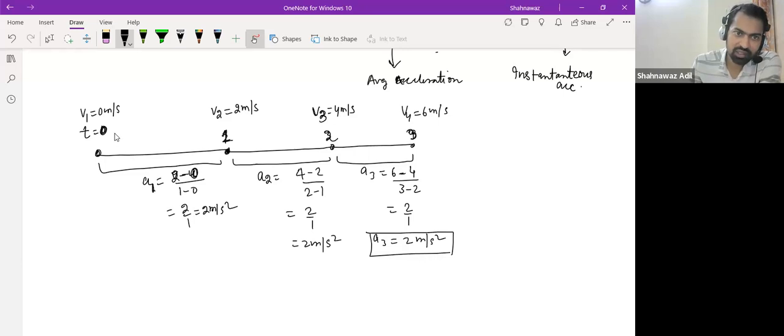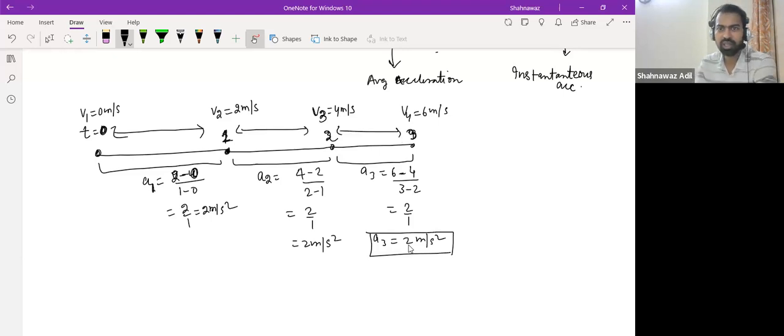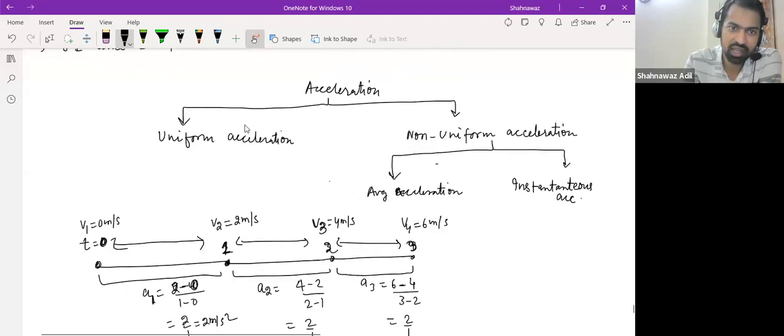So you see that the change in velocity from point to point is the same, right, guys? So what would this acceleration be called?